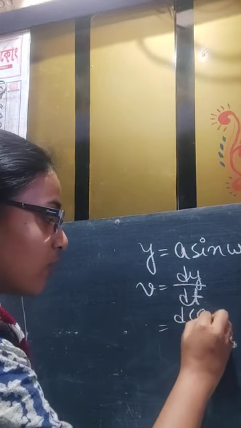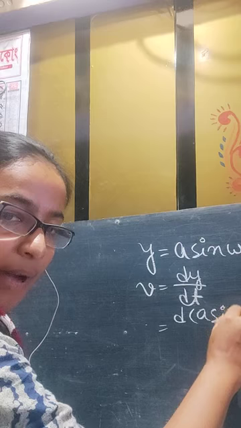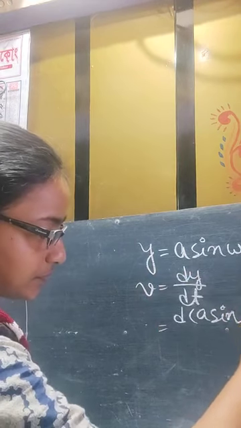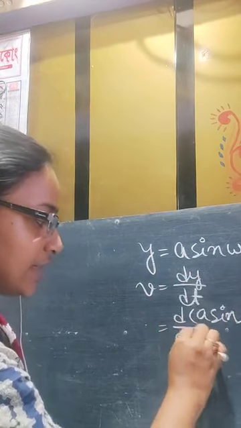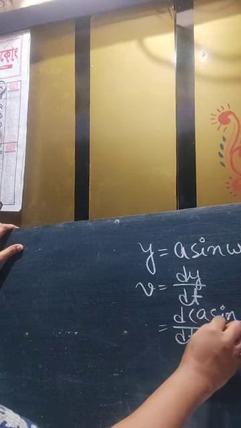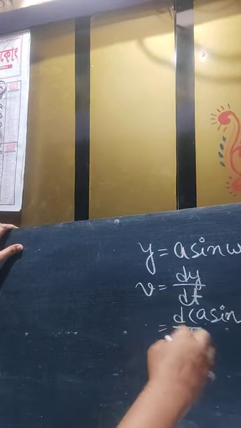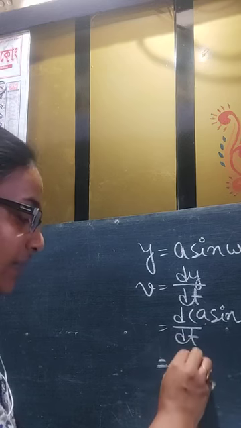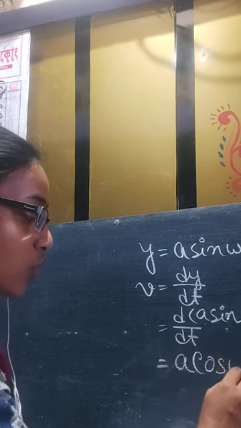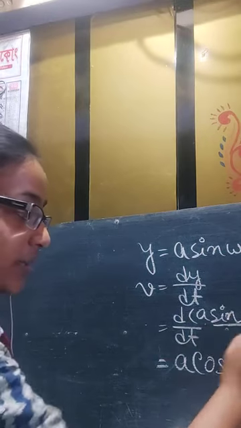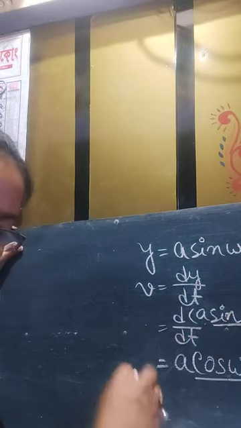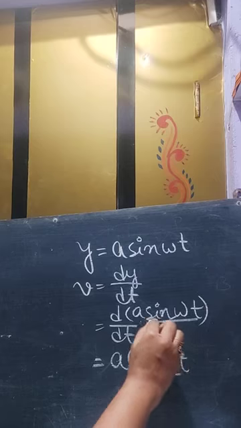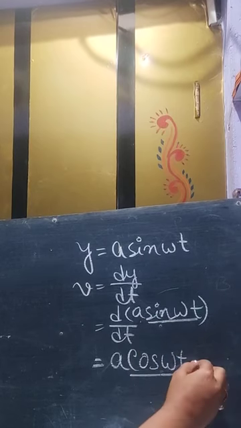So instead of y, we can replace it by a sin omega t, d/dt. Now, a is constant. What will be the differentiation of sin omega t? For sin omega t, the differentiation is cos omega t.